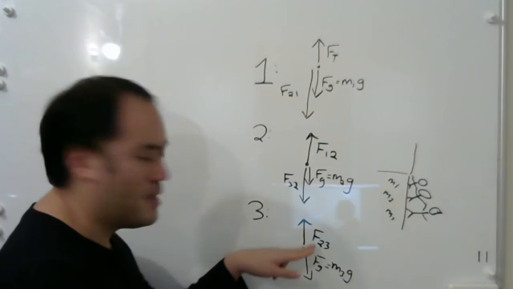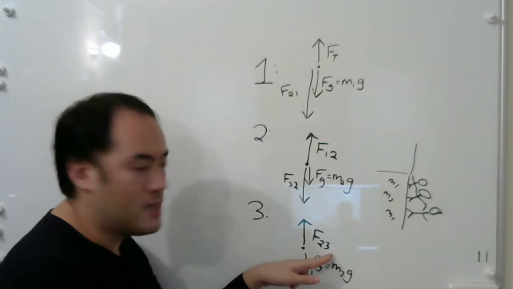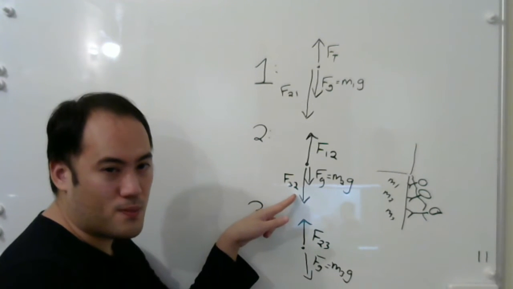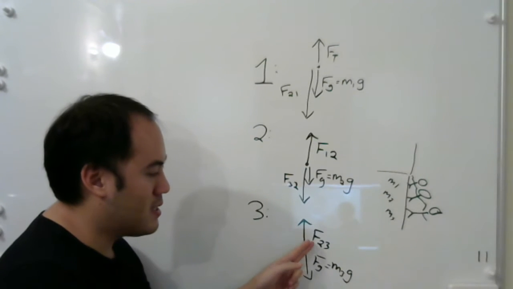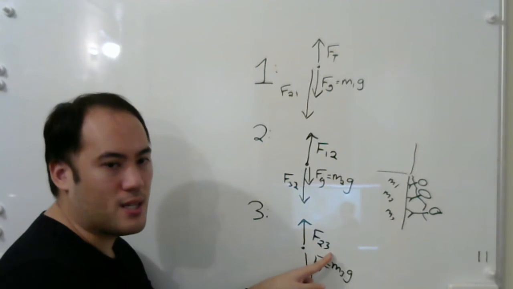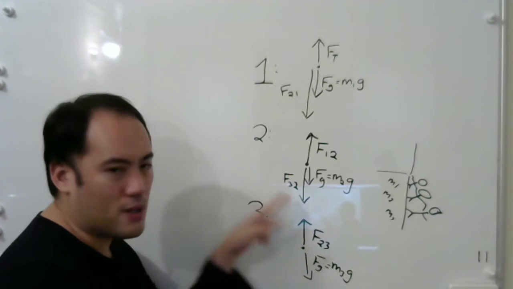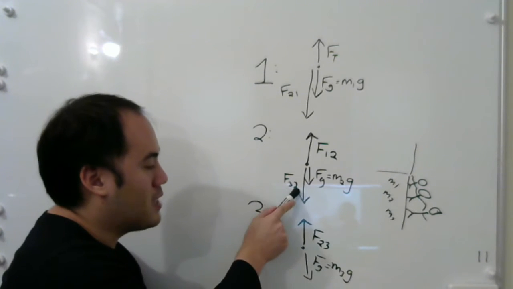The force from person 2 on person 3 must be equal and opposite to the force on person 2 from person 3. I said it wrong, but you get what I'm saying. This is the force from 2 on 3. This is the force from 3 on 2.